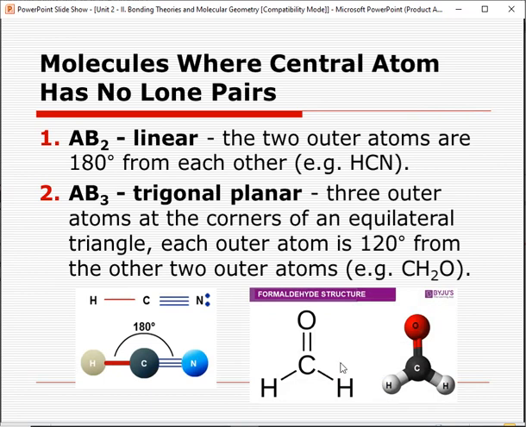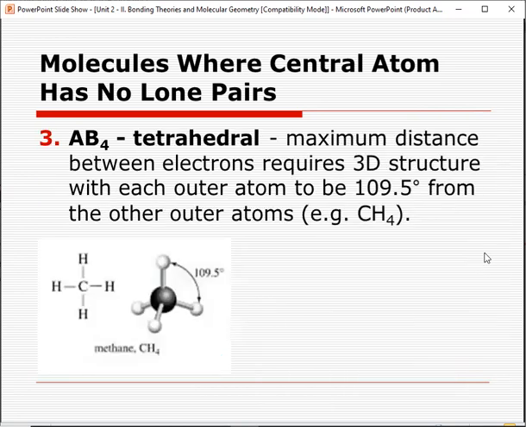This is its structure. The angle from one outer atom to the other outer atom is 120 degrees. So for linear, 180. For trigonal planar, or AB3 formula, the angle is 120 degrees.